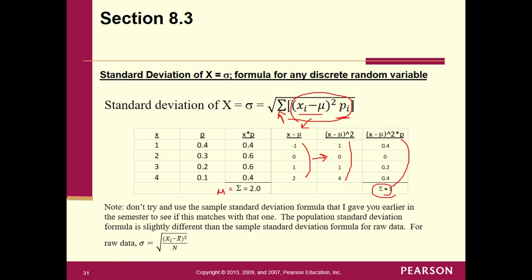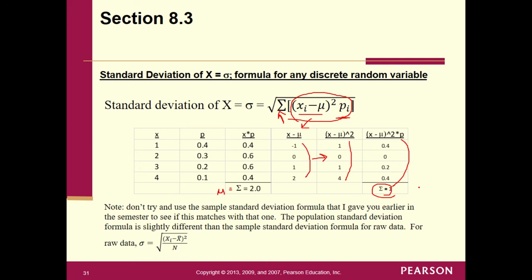So if 1 shows up 40% of the time, 2 shows up 30% of the time, 3 shows up 20% of the time, and 4 shows up 10% of the time, and we figured out the standard deviation based upon the raw numbers, it would come out to 1.